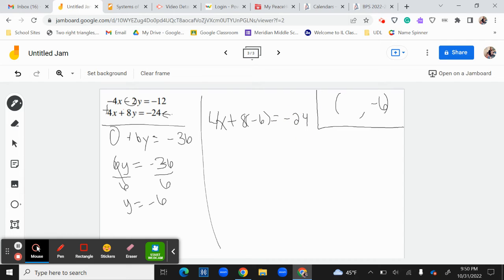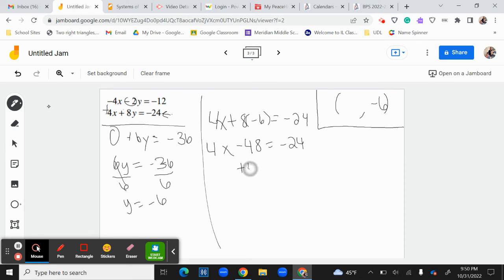So here's my equation. I'll simplify the left half of the equation. 4x minus 48 equals negative 24. This is negative because 8 times negative 6 is negative 48.